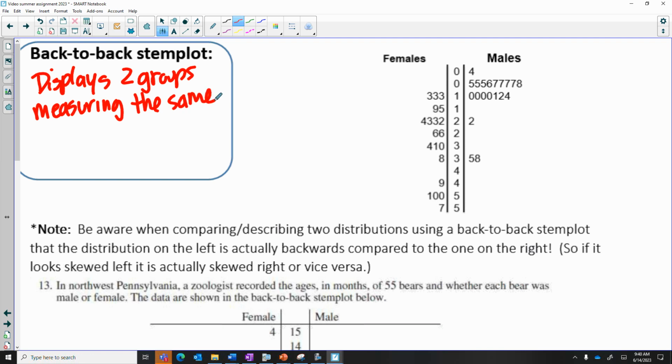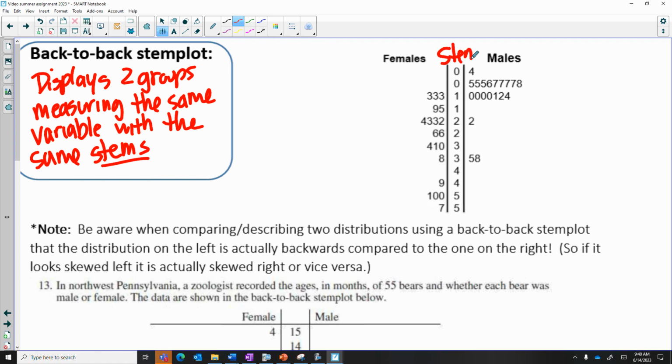And you're basically placing them on the same stem, and this middle here is the stem. And then the leaves are either males or females. One of them is straightforward and the other one winds up being backwards.